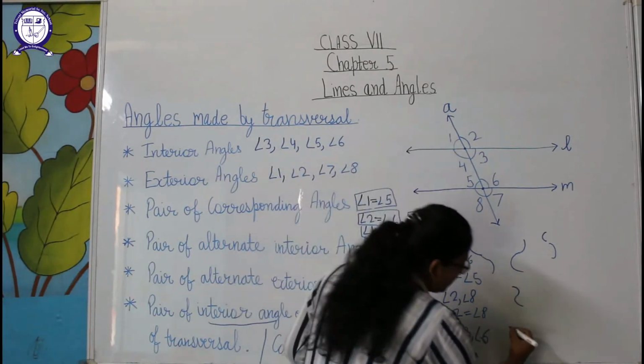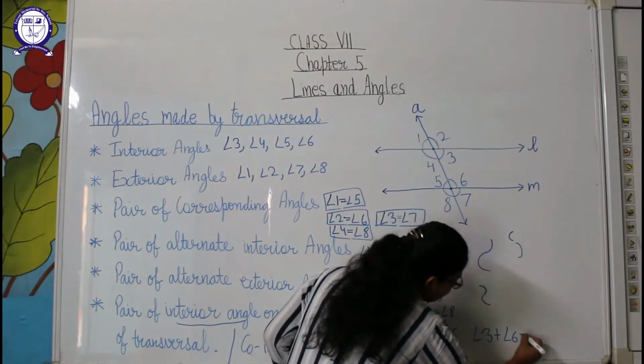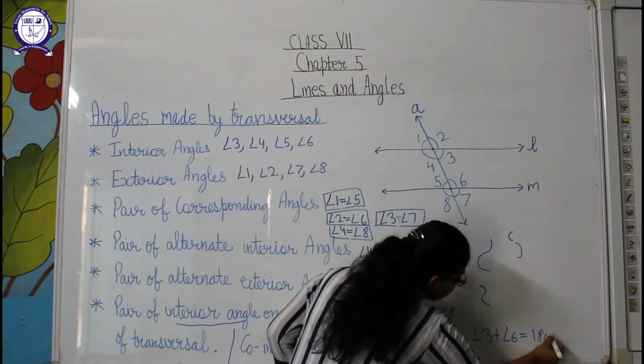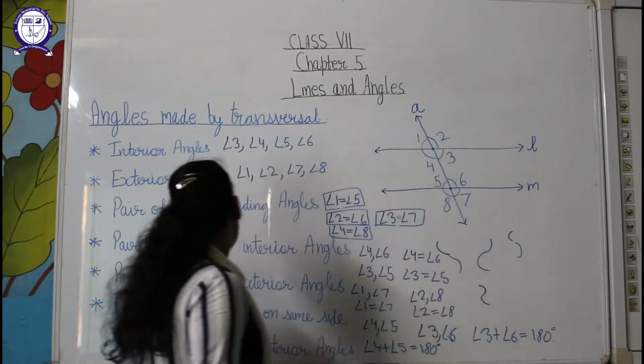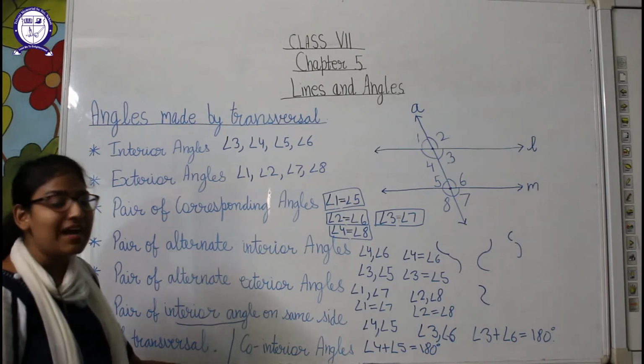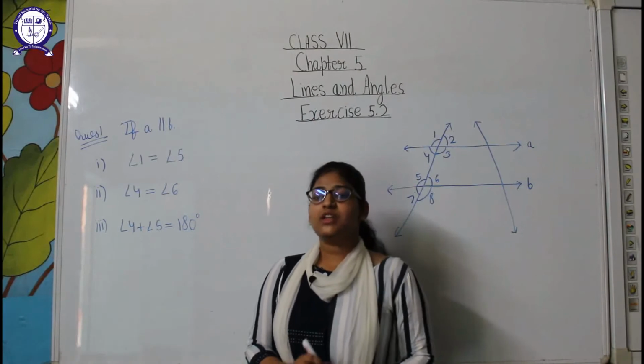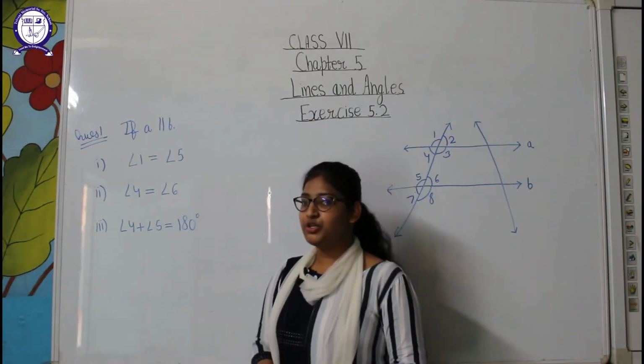It means if we add angle 3 to angle 6, we will get 180 degrees. It means for the pair of interior angles on the same side of the transversal, if we add them, we will get 180 degrees. So students, now we will start our exercise 5.2.